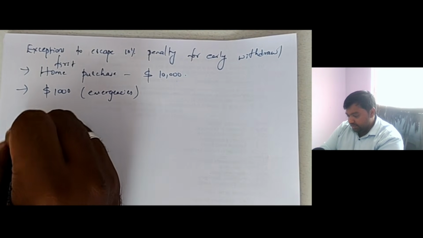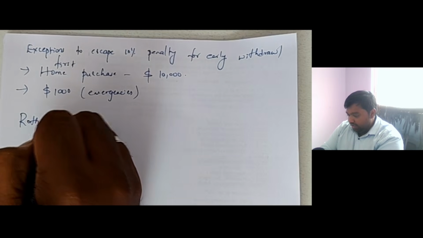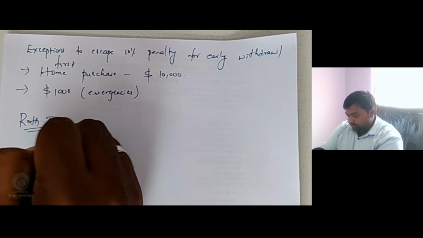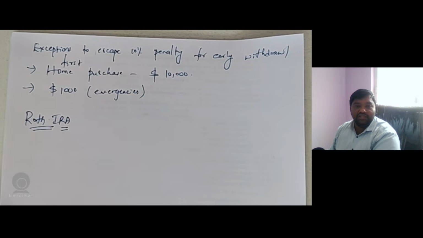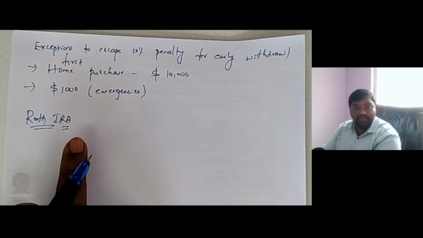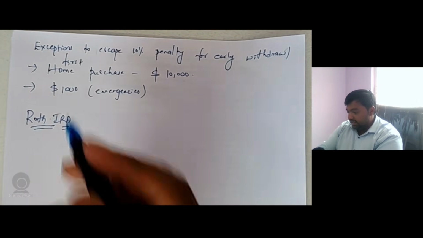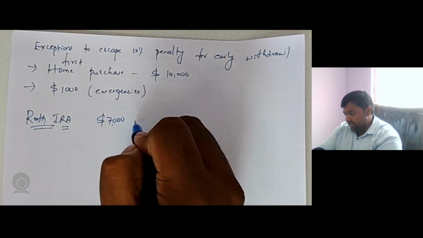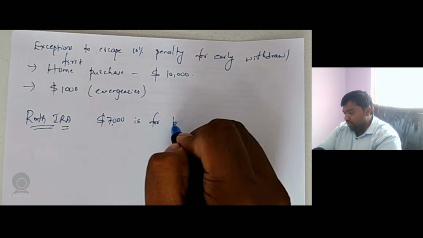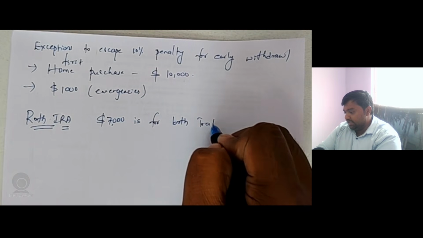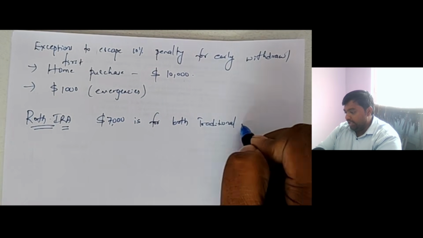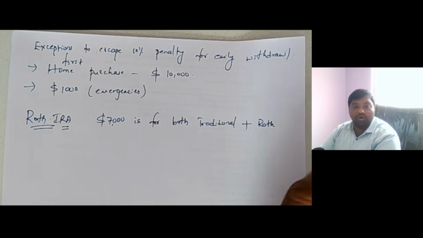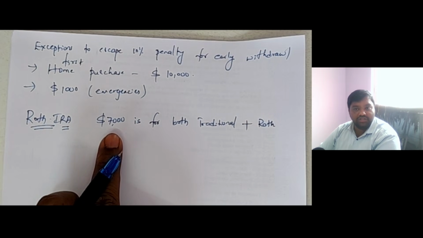Now let us discuss Roth IRA. Okay, this is also an individual retirement account, you can contribute to it. Remember, the limit of 7,000 or 8,000 US dollars is for both traditional plus Roth. Both put together limit is 7,000 US dollars.